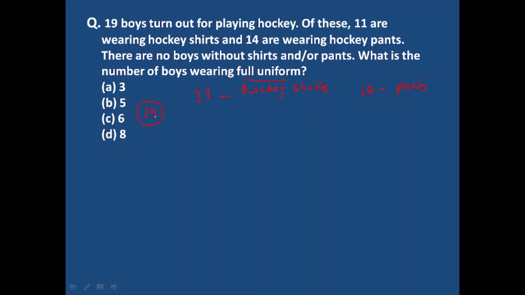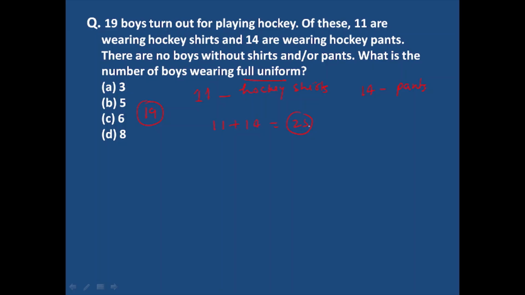Now the total number of boys is 19, and 11 are wearing shirts and 14 are wearing pants. So the total number of boys who wear either a hockey shirt or a hockey pant or both: 11 plus 14 will be 25.